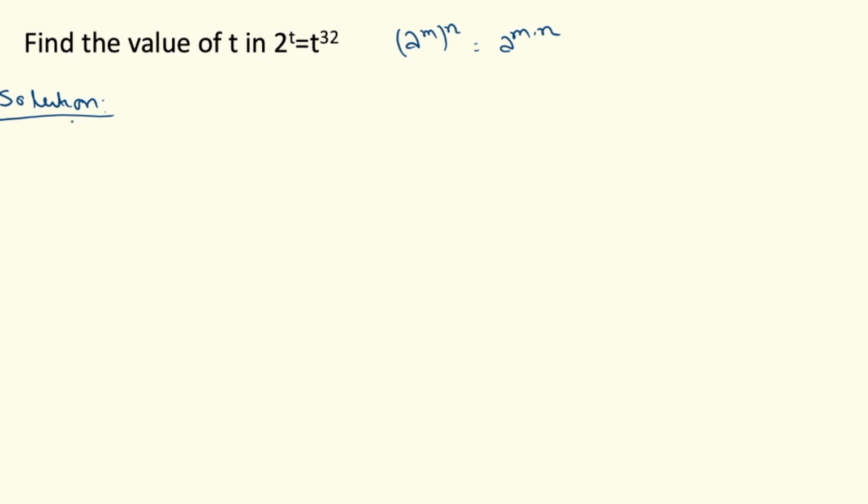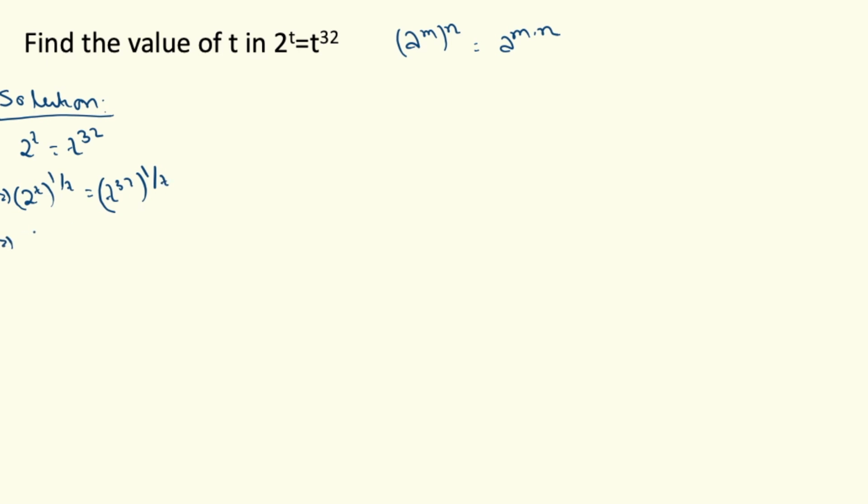So let me first take the equation which is given in the problem: 2 to the power t equals t to the power 32. What I will do is take power 1 by t on both sides. So (2 to the power t) whole to the power 1 by t equals (t to the power 32) whole to the power 1 by t.